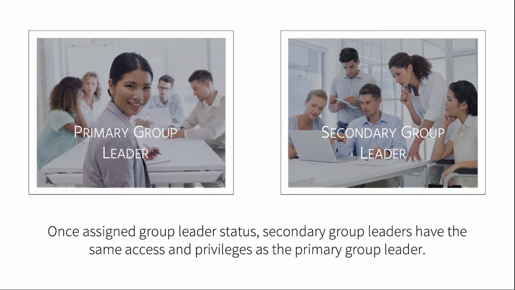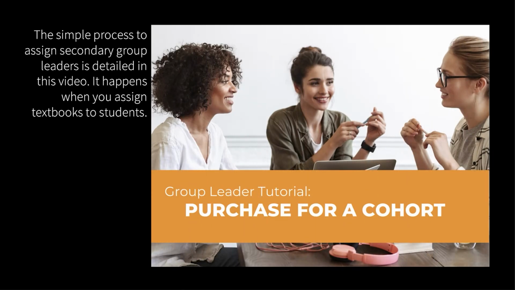They can perform the same functions, and they're able to purchase textbooks or view student progress reports. The simple process for assigning secondary group leaders is detailed in the video titled Purchase for a Cohort. This process happens at the same time that you purchase textbooks for students.